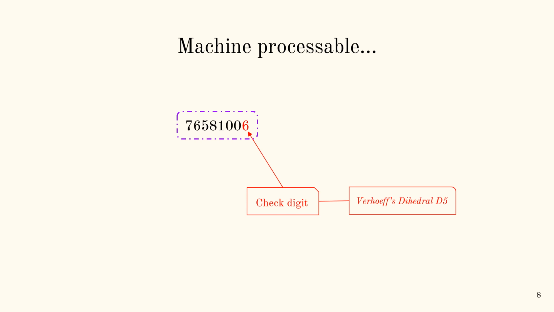You can Google for a site where you can compute the Verhoeff dihedral D5, and you can put in those numbers up to 00. So 7658100, and you should get the number 6.